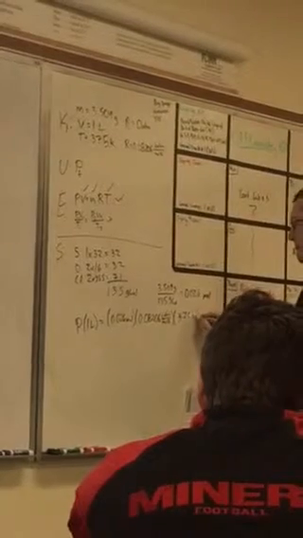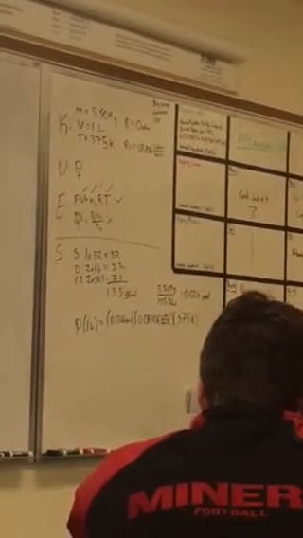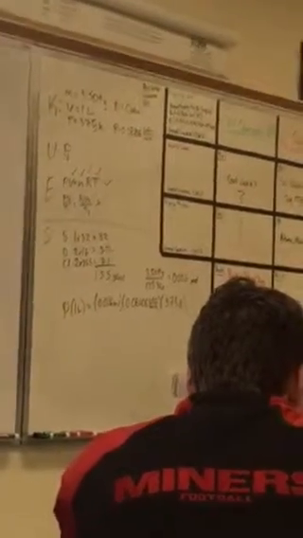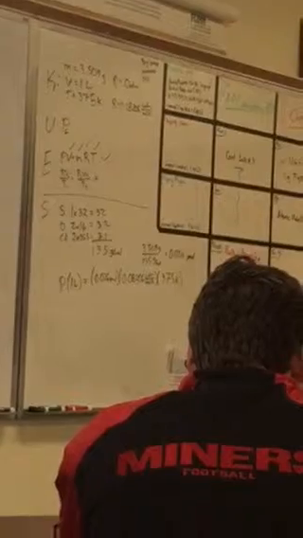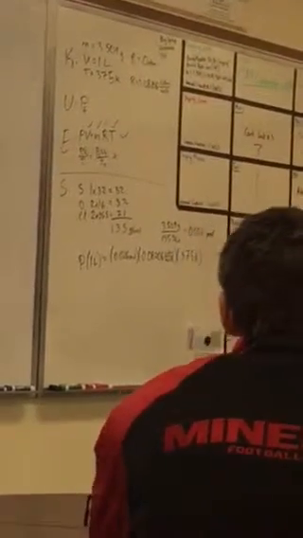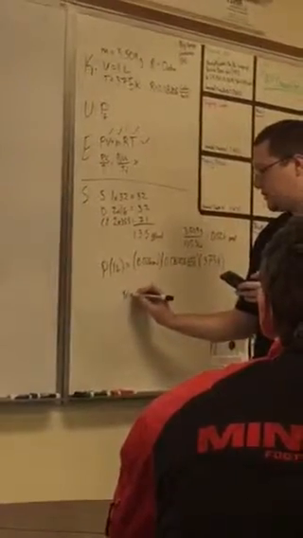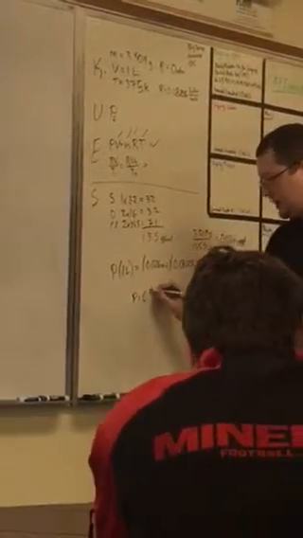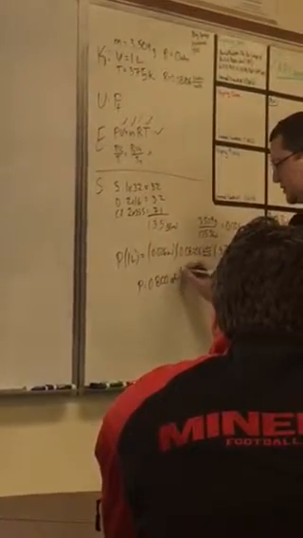Fantastic. So dividing by 1 is nice. 0.026 times 0.08206 times 375. I got 0.8, 0.800 atmospheres.